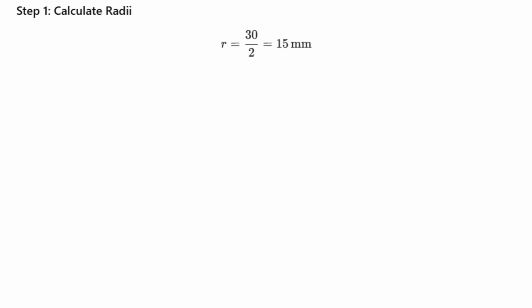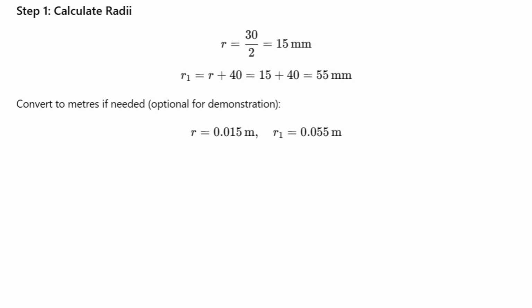First, we calculate the thermal resistance of the dielectric. The core radius, R, becomes 15 millimeters because 30 divided by 2 equals 15. The inside radius of the sheath, R1, becomes 15 plus 40, which equals 55 millimeters.